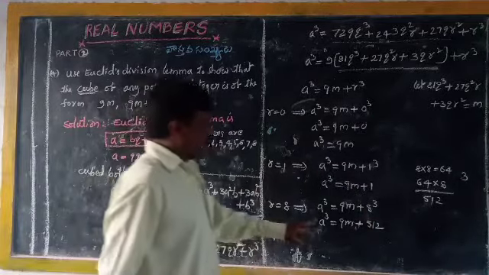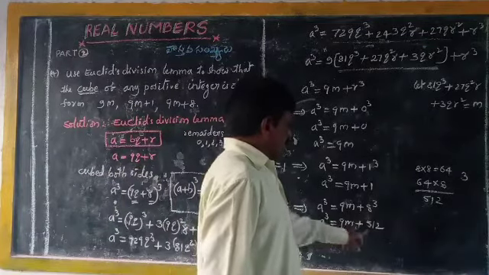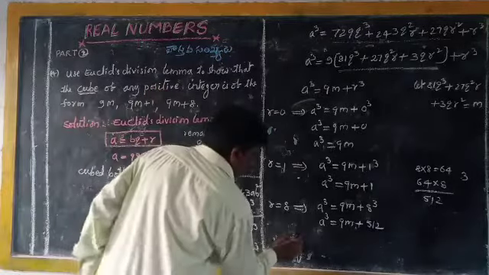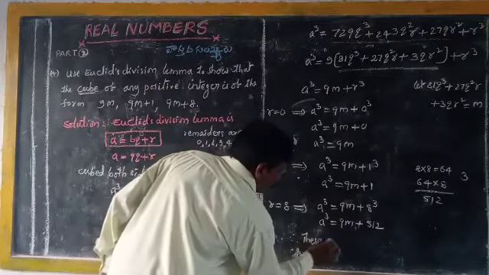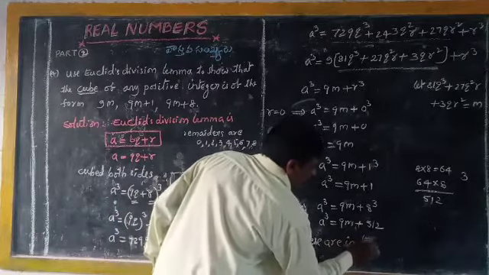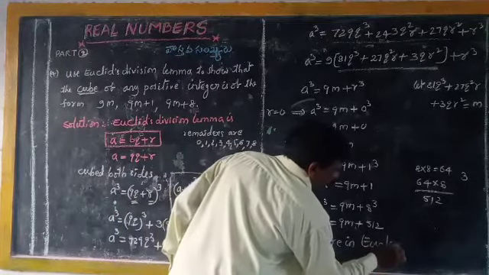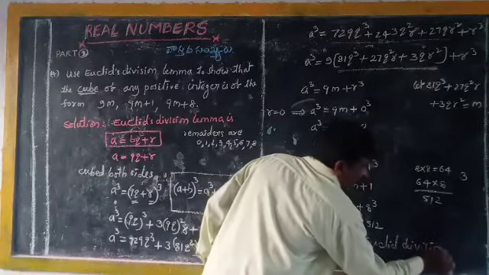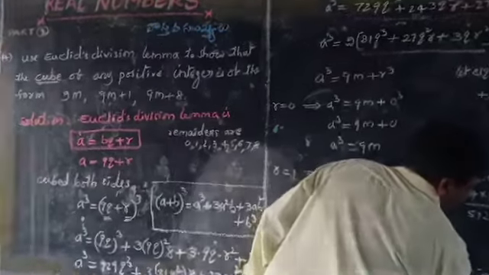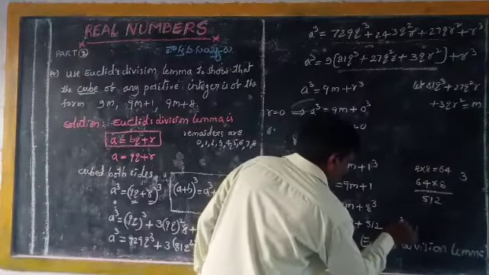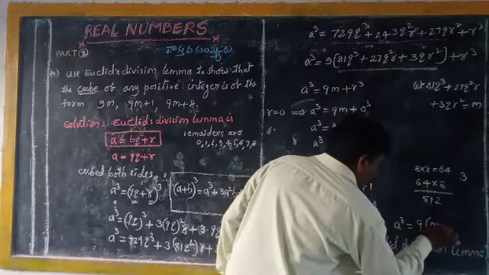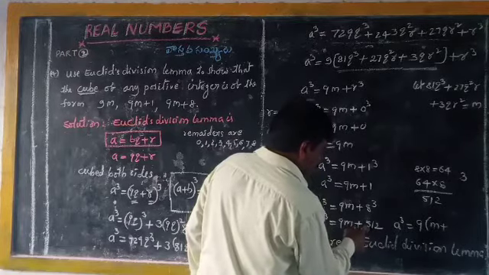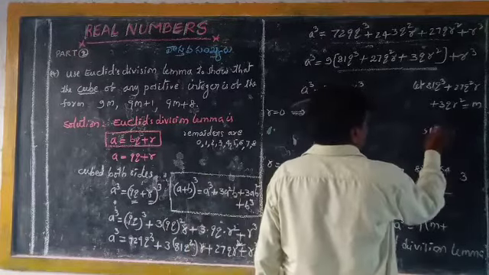So it is also in Euclid's division lemma. Taking 9 common, a³ = 9m + 512.